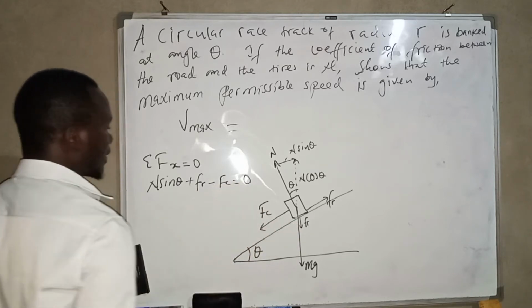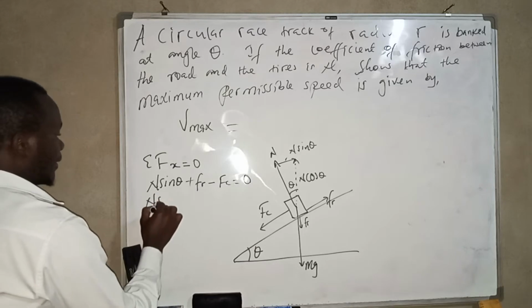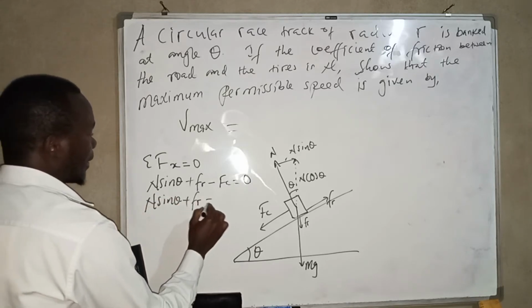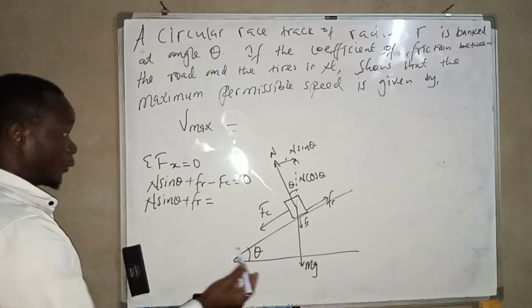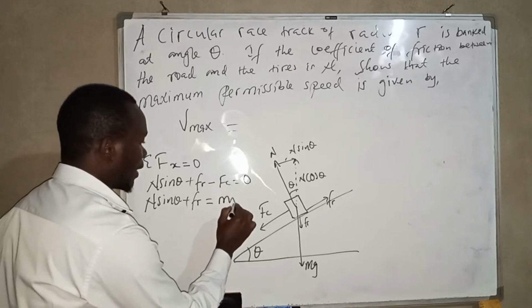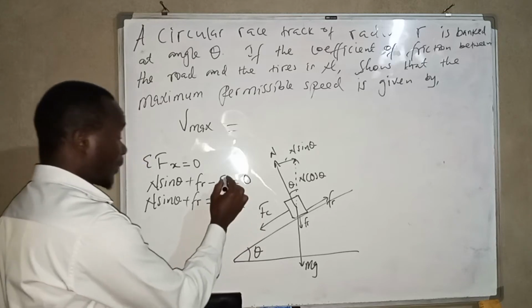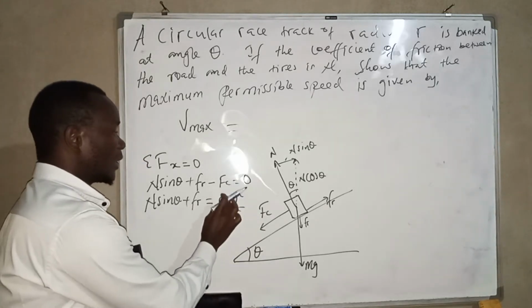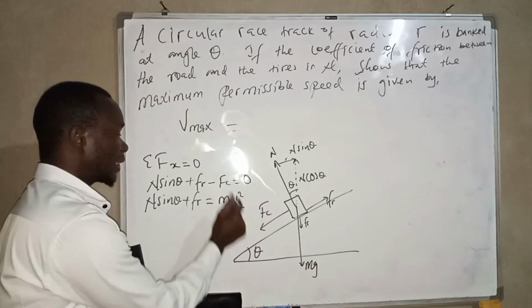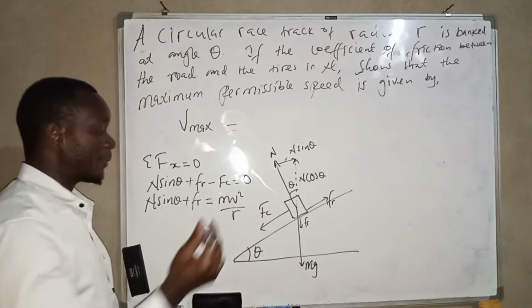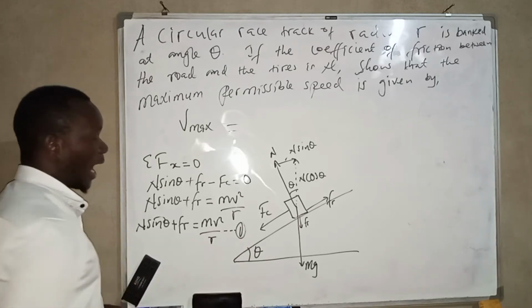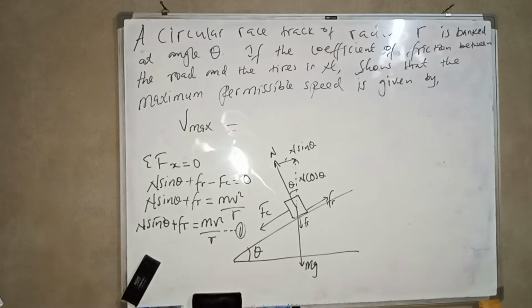This should give us 0. So we have N sin theta plus Fr equals Fc, and Fc is given by mv squared over r. This is centripetal force. Force is equal to ma, where m is the mass and the centripetal acceleration is v squared over r. Let us call this equation 1.